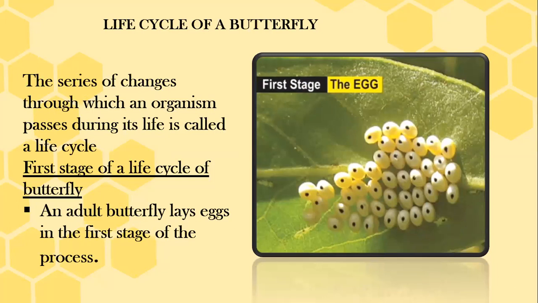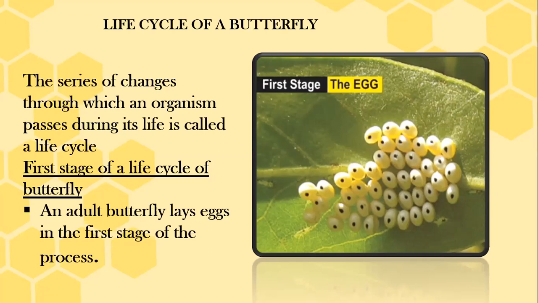The series of changes through which an organism passes during its life is called a life cycle. That is, the steps the butterfly goes through in its life, the changes from the beginning until it becomes an adult butterfly, that process we call the life cycle.